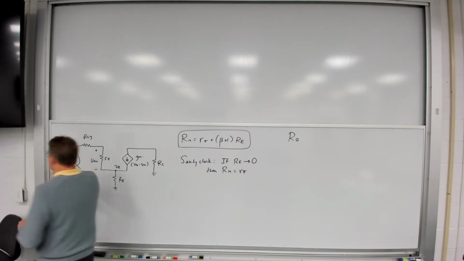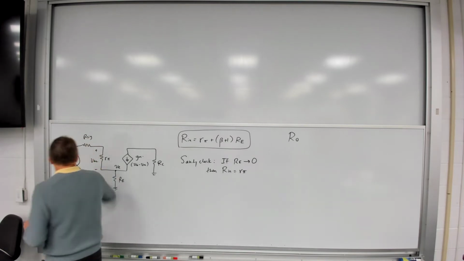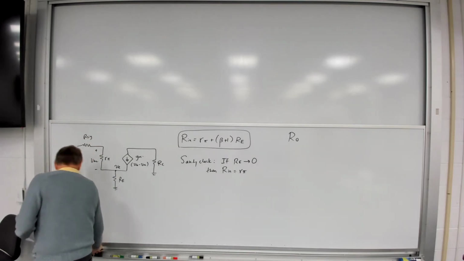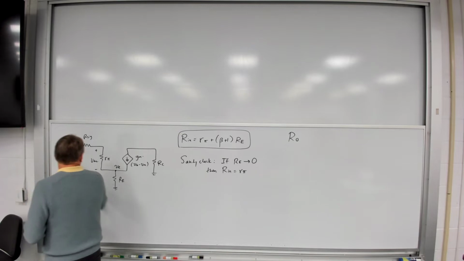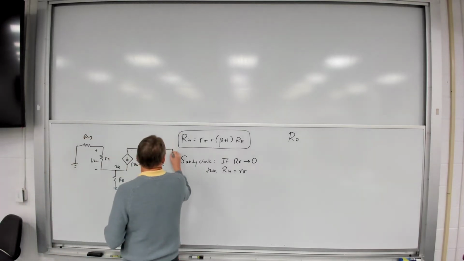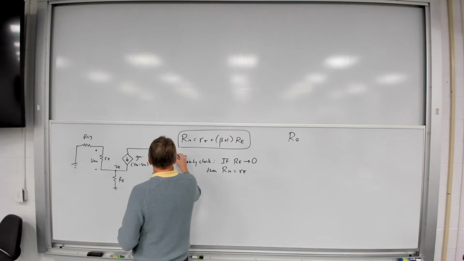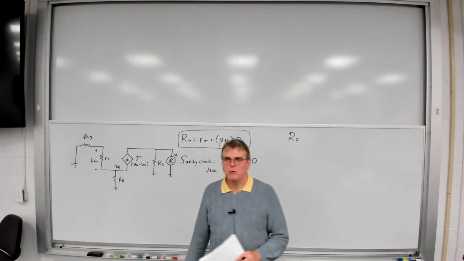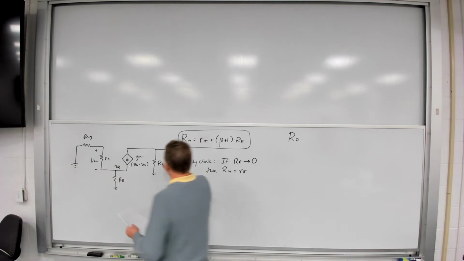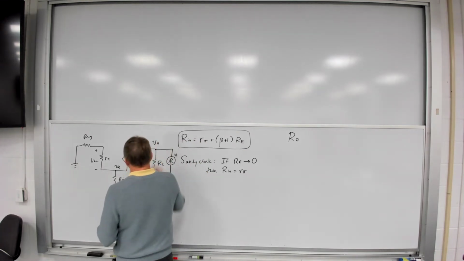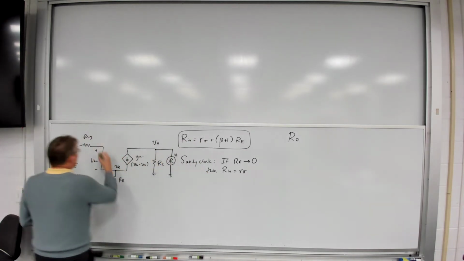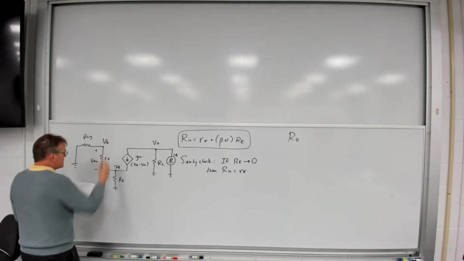So the V_sig goes to 0. So this just becomes ground. And now I'm going to inject an AC current of 1 amp at the output node. And so in this case, this is Vo, this is VE, this is VB.